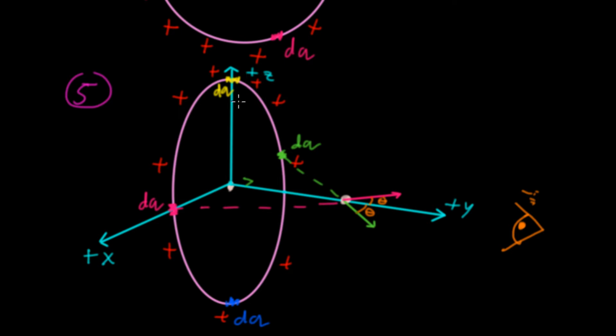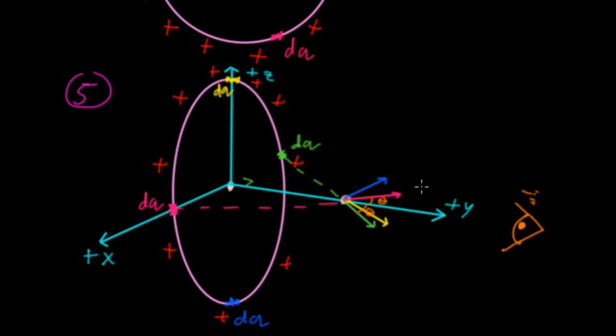I don't want to draw too many dotted lines, but we imagine coming down, and the electric field vector due to that yellow dQ is going to point something like this, downwards. Then this dQ is going to have its electric field vector point up, something like this.